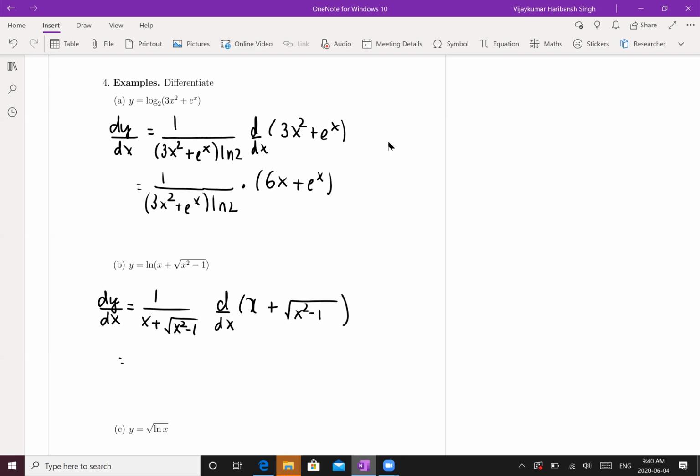This is going to be 1 upon (x plus square root of x squared minus 1). The derivative of x is 1. What is the derivative of square root x? The derivative of square root x is 1 by 2 root x. So 1 by 2 root of (x squared minus 1) multiplied by the derivative of x squared minus 1, which is 2x.